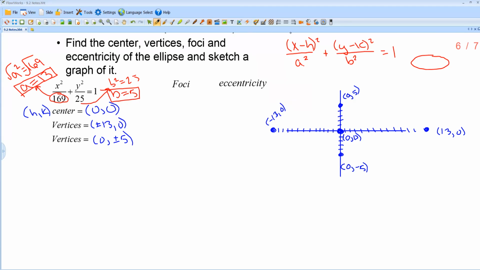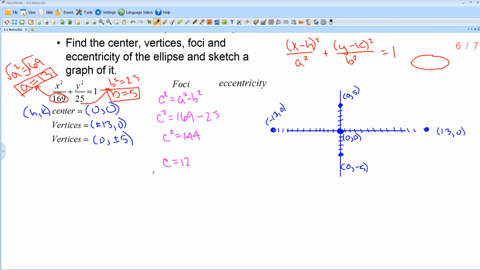So focal length, where's pink? There we go. It uses the formula c squared equals a squared minus b squared. So c squared is equal to a squared, which is 169, minus b squared, which is 25. So c squared equals 144, and c is equal to 12. Great, so we know how to find c, but what is that actually telling us?